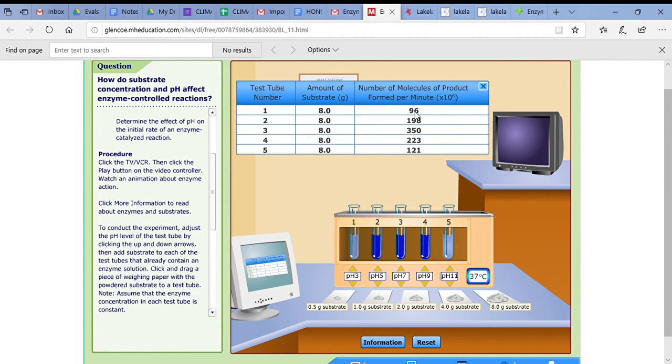Look. How do these numbers compare to the last test I did, and why? Why might we not be changing these numbers per minute of reaction time when you add more? In other words, when you add more and more and more, how come you can't just get more and more product at a given time? Think about it.